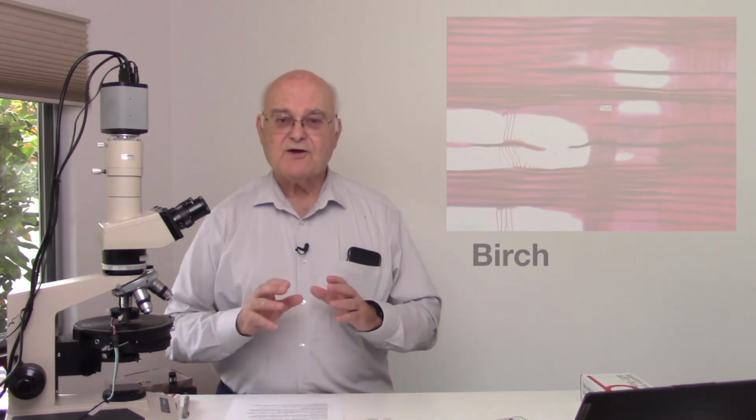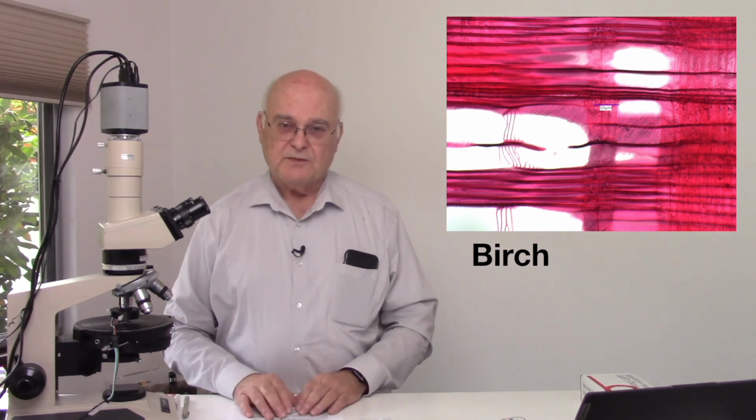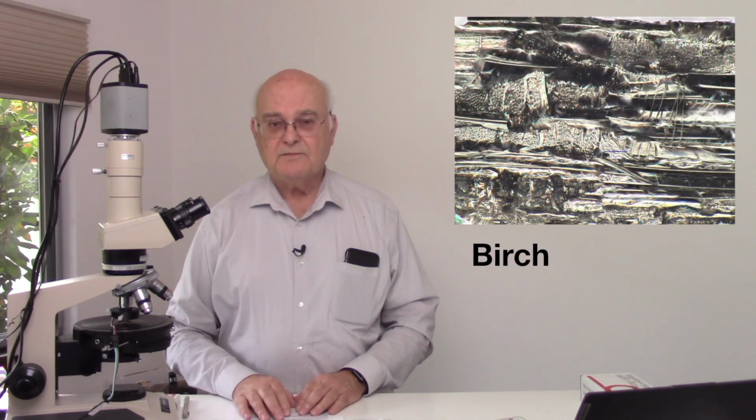The char that we see has a number of different structures depending upon the types of wood that it's burning. Hardwoods, for instance, have characteristic vessel structures. They're easily identifiable as distinct from the gymnosperms, the softwood plants.